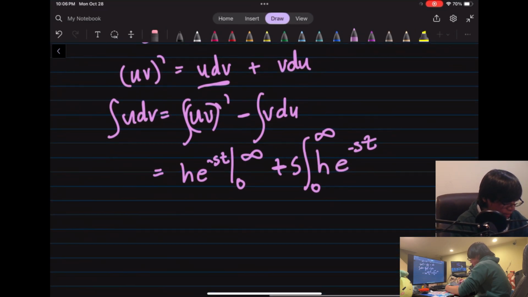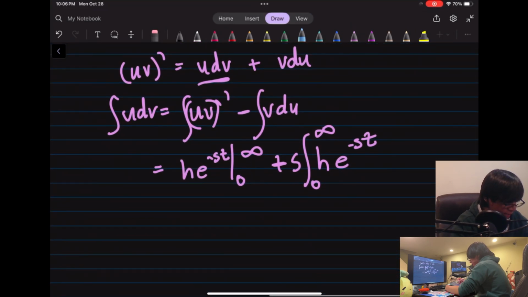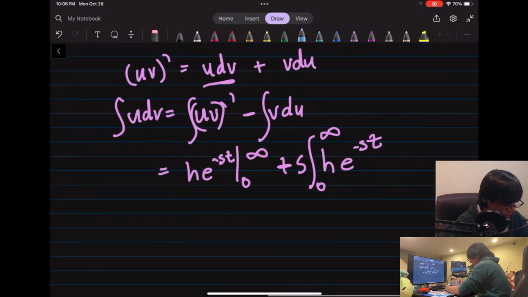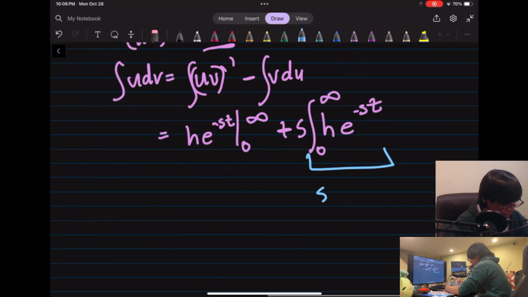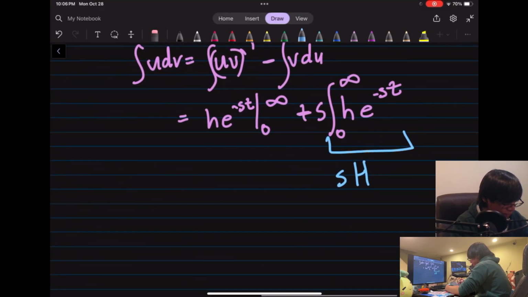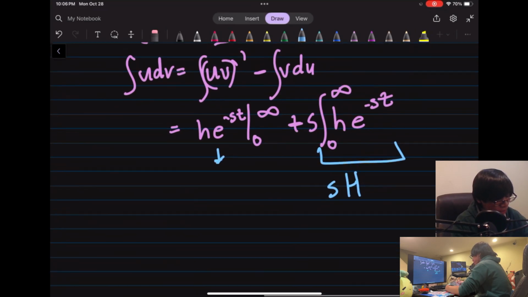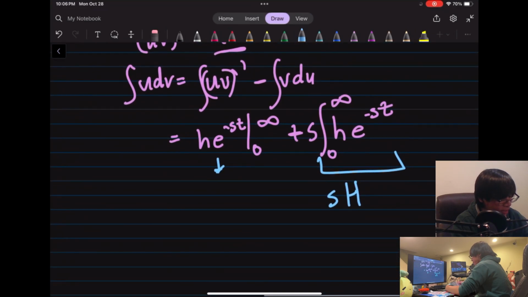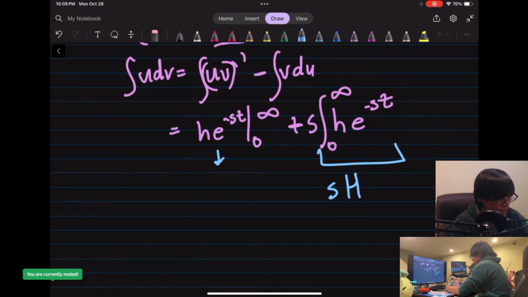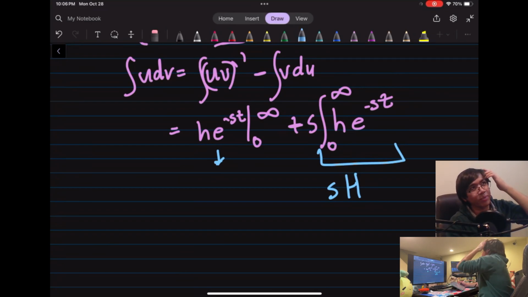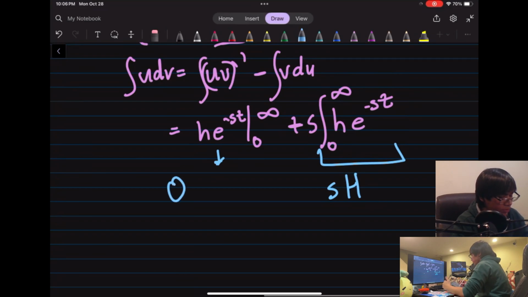And what you'll notice is that this is actually the Laplace transform of h, which we can also do later on. I'll go ahead and do that after this. But then simplifying the left-hand side expression, we're evaluating this with respect to t. So if e is to negative st, we plug in infinity. Well, that's 1 over infinity pretty much, which approaches 0. So we put a 0 there.